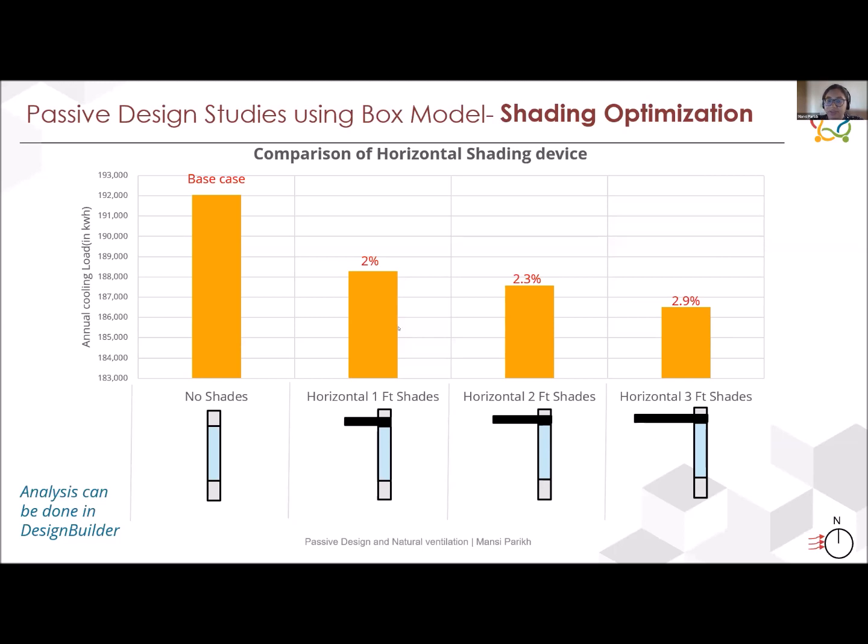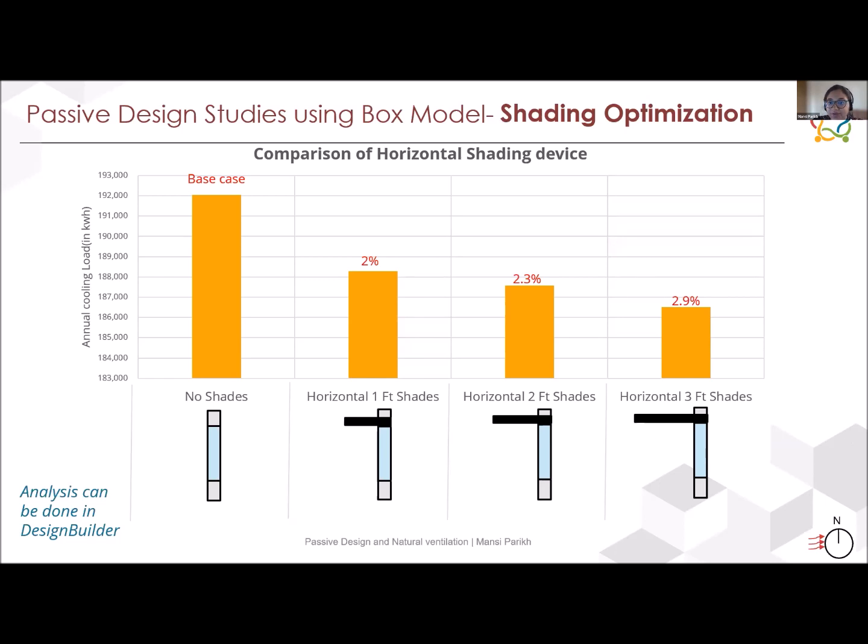Why I'm saying that, we started first with the orientation, then we started looking into WWR, and the next step was to understand the shading devices. So all of this is on top of each other. There are 4 cases which we studied. The first was the base case, which has no shading device. Case 2 was a horizontal shading device with 1 foot of depth. The second was a 2 feet depth shading device. Case 3 was a shading device with 3 feet of depth.